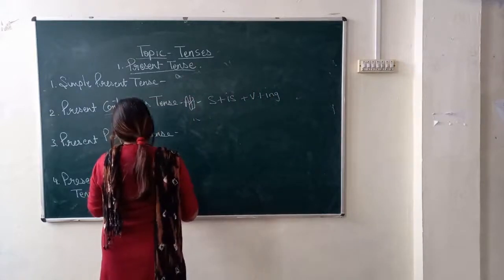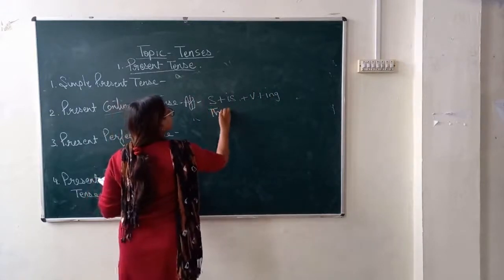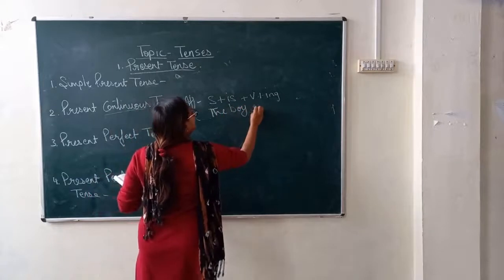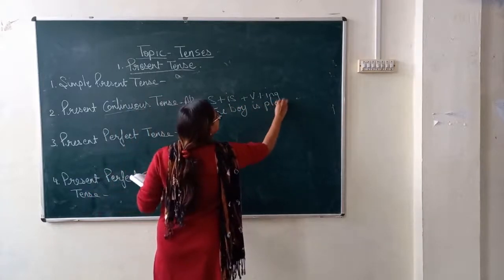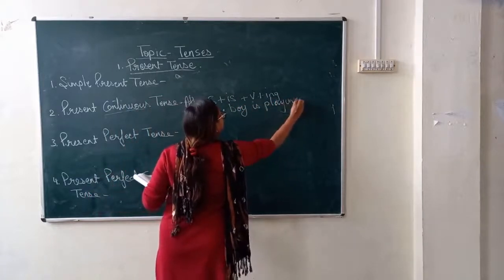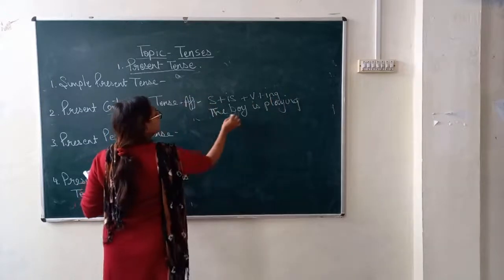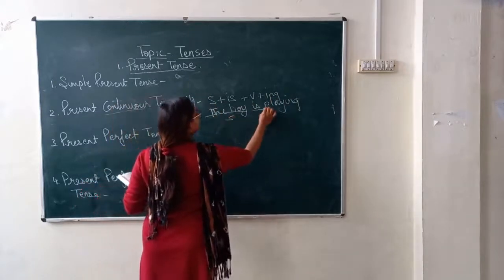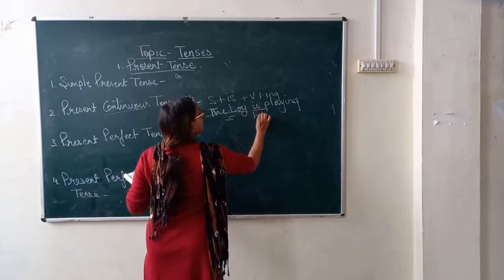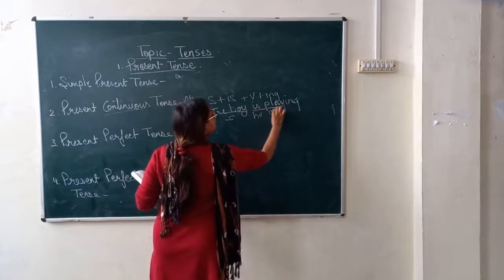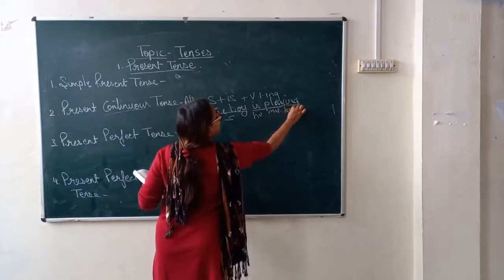Okay, like the boy is playing. Now here you see this is the subject, this is the helping verb is, and this is the main verb plus ing.